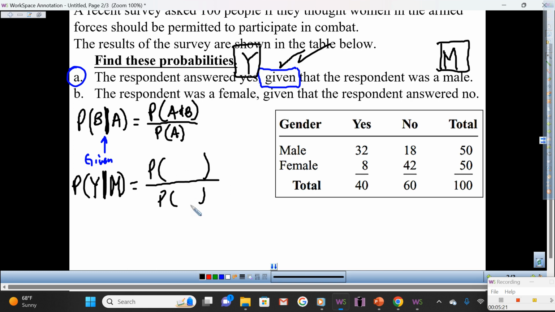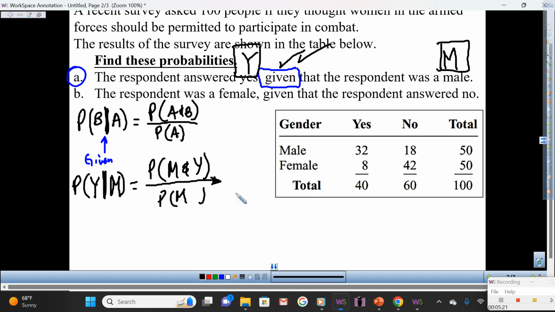What goes where? Match it. What do I write? M and Y. Hands if you got that. That is correct, which means underneath we write M.